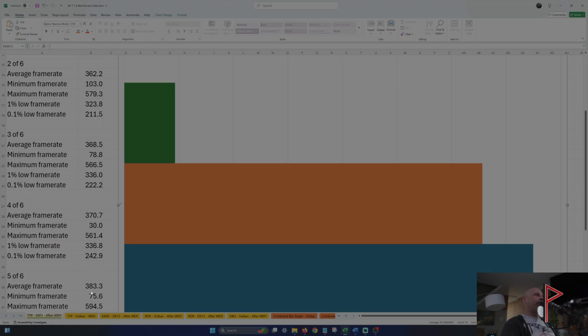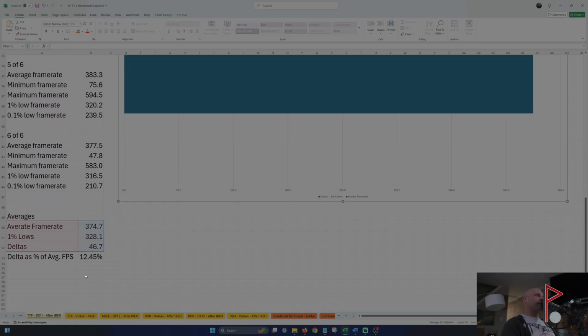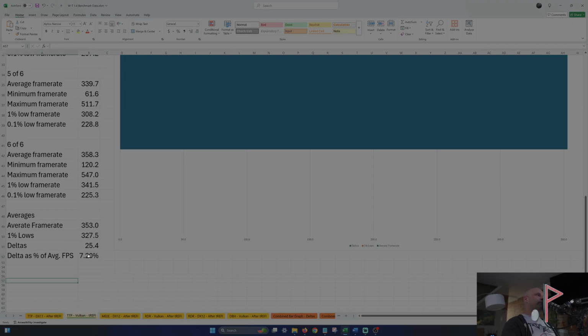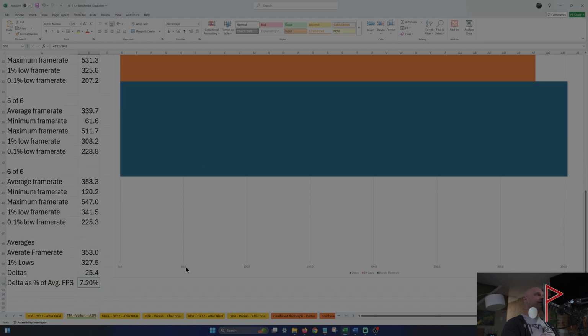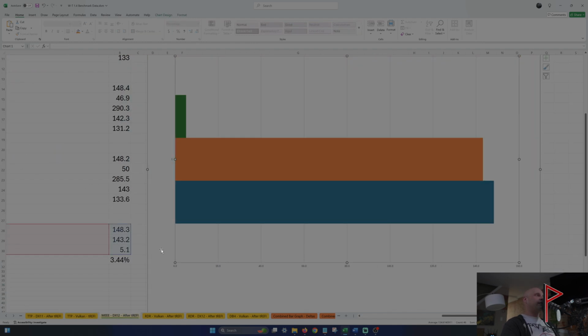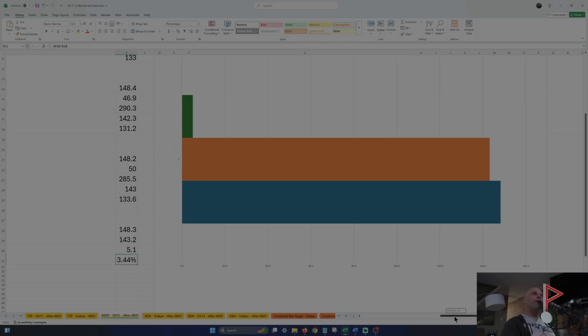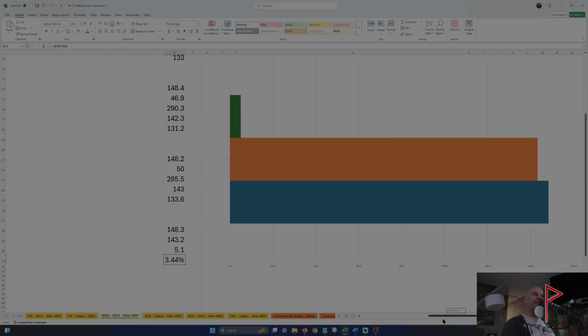After tREFI. Just giving a pass to all the games here. 12%. 7%. I mean, again, look at those 1% lows and look at your average FPS. There's almost no difference. That green bar is your difference. 7%. 4%. 4%. 4%.